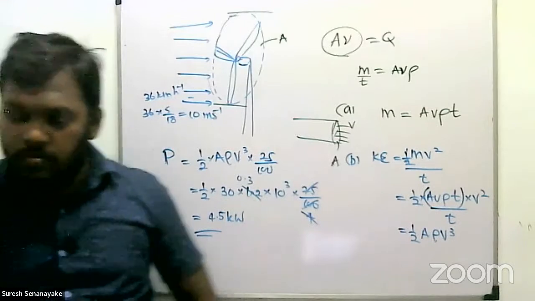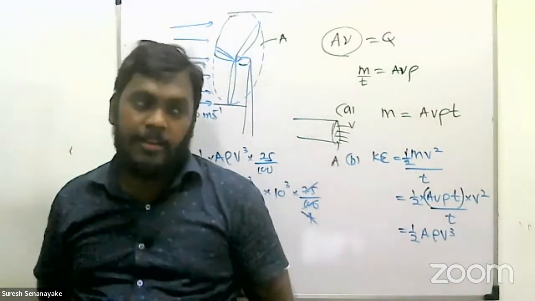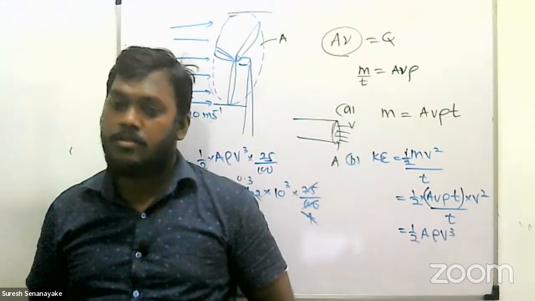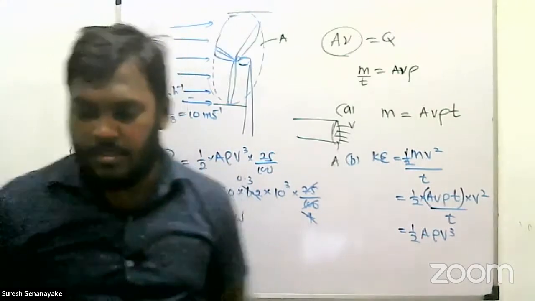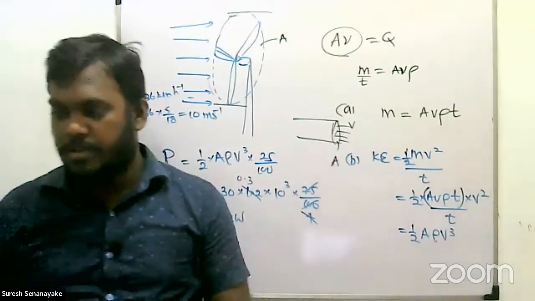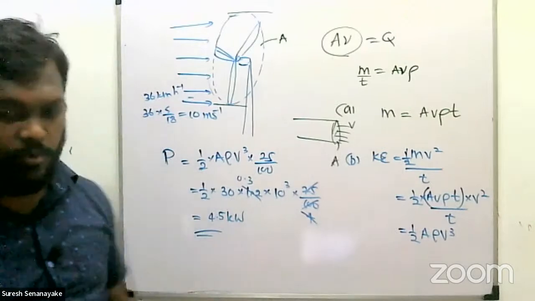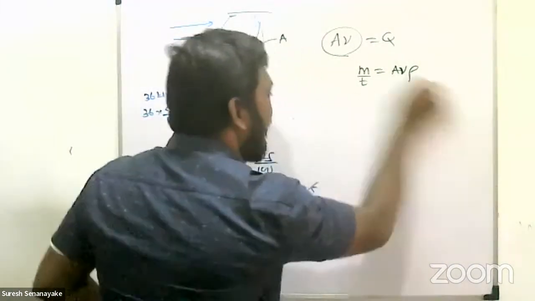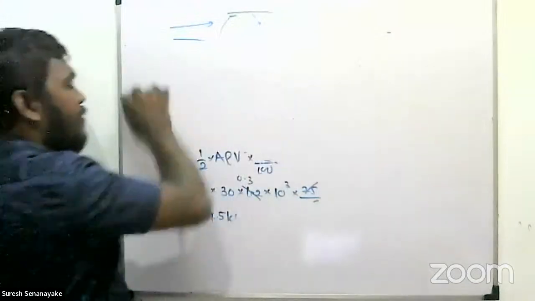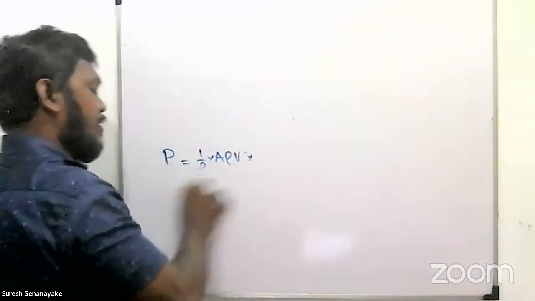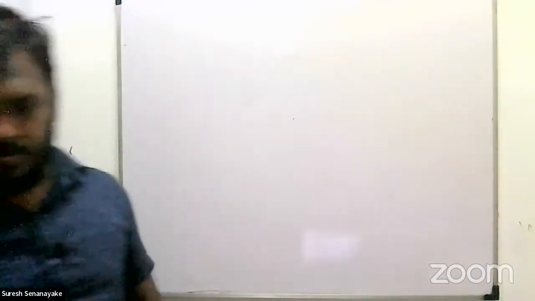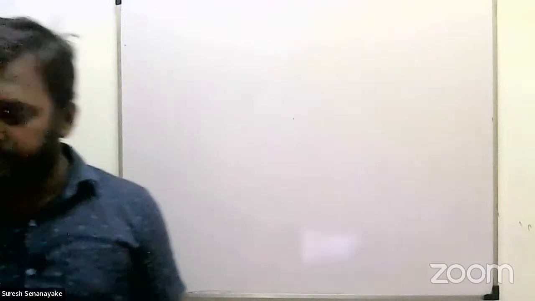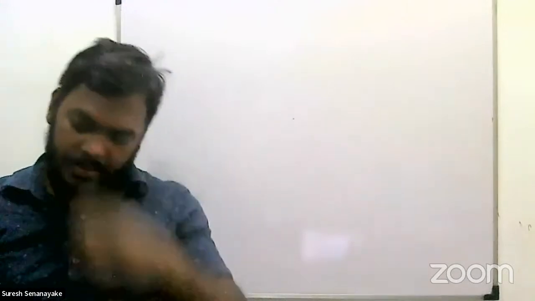A crane lifts a mass of 600 kilograms up to a 30-meter height in 2 minutes. What is the power of the crane?